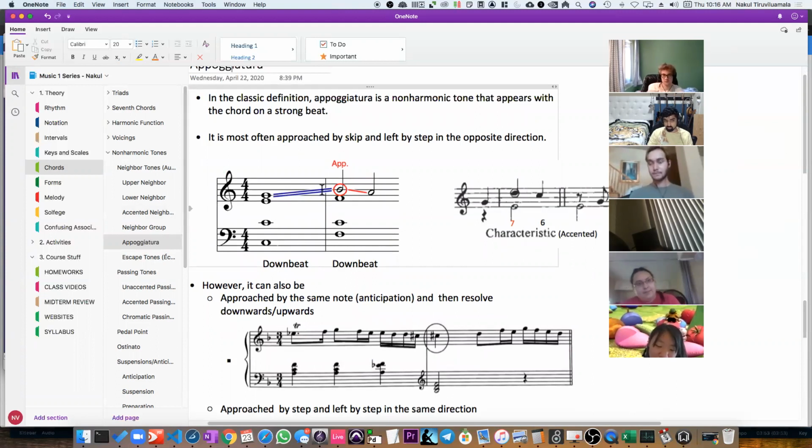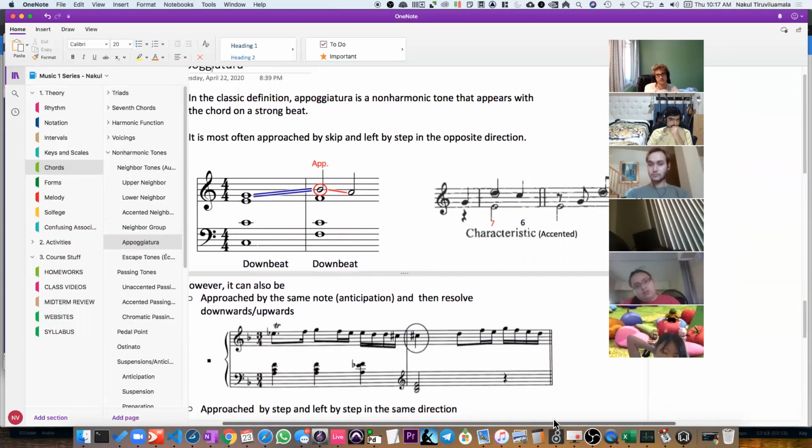Notice how there's a skip here and there's a step here. So the classical definition accommodates this by saying if the accented passing tone or the accented non-harmonic tone is approached by skip in one direction and a step in the opposite direction, then it's an appoggiatura. That's the classic definition. And that by its own accord differentiates an appoggiatura from an accented neighbor tone, for instance, right?